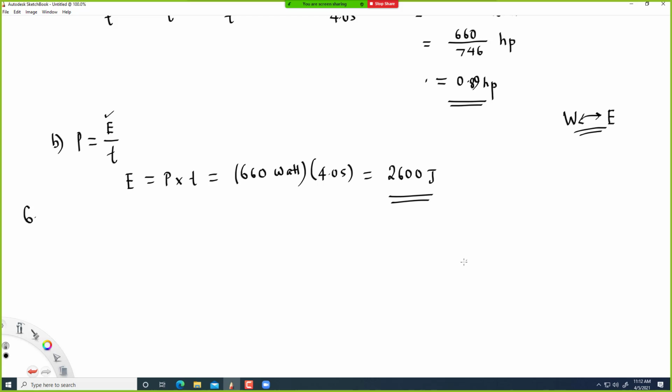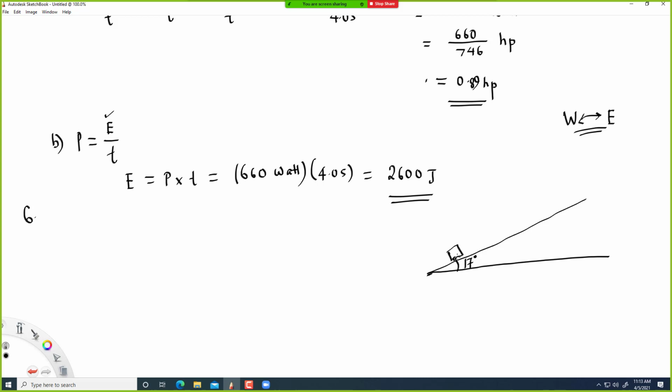So you have some kind of road that is at a 17 degrees angle. A 1120 kilogram car climbs this hill.